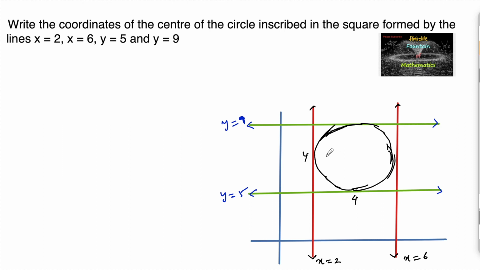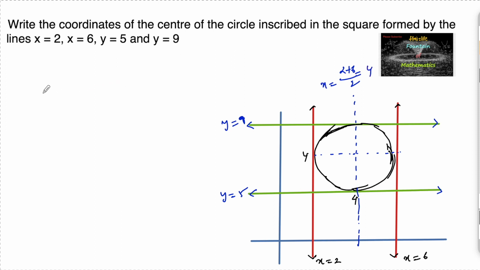and very clearly we can see that the center of the circle will be the midpoint between x is equal to 2 and x is equal to 6, that is x is equal to (2 plus 6) by 2, that is 8 by 2, that is 4.